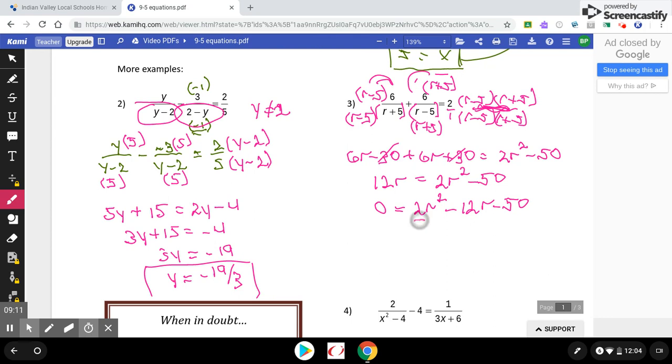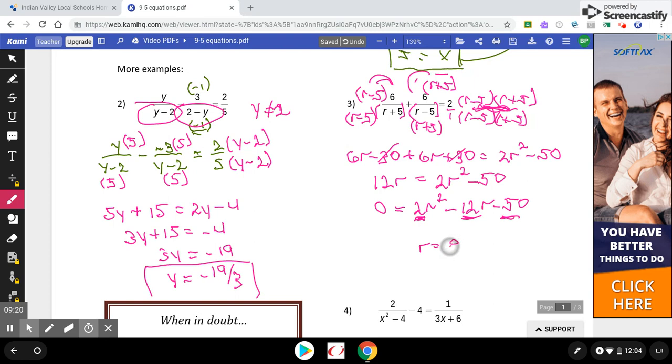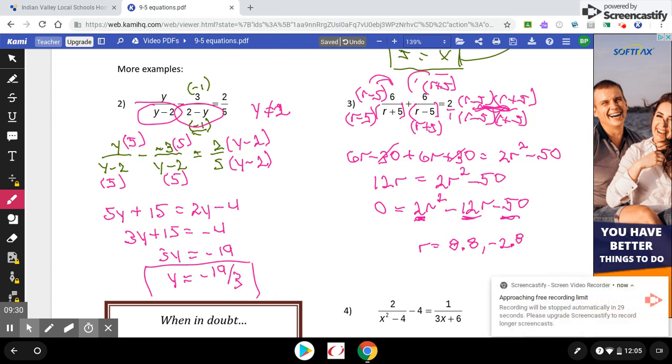So they could go ahead and substitute 2 in for A, negative 12 for B, negative 50 for C. And it would tell them that the answers are 8.8, they've been rounded, but that's what we had intended the program to do, and negative 2.8. So if you were to do the formula by hand, it'd be a heck of a lot messier.